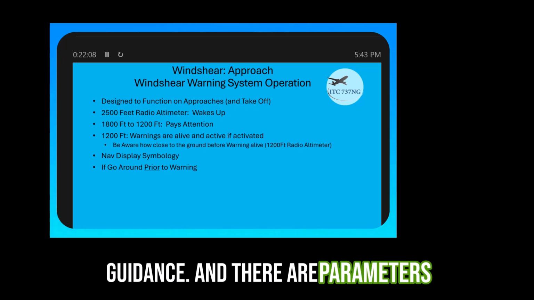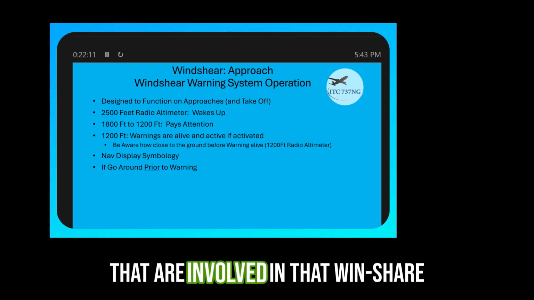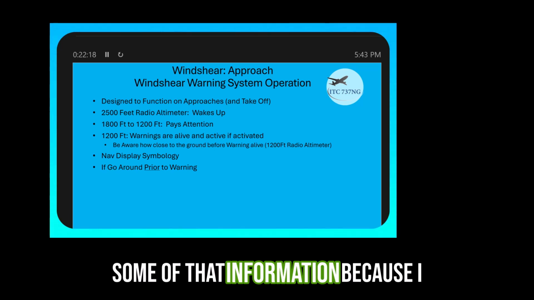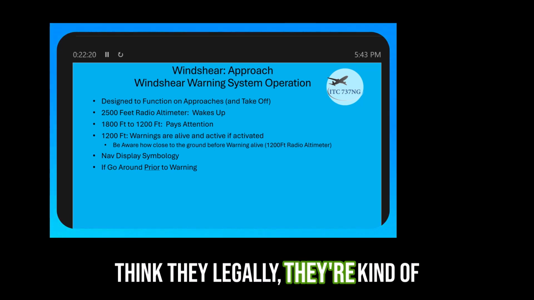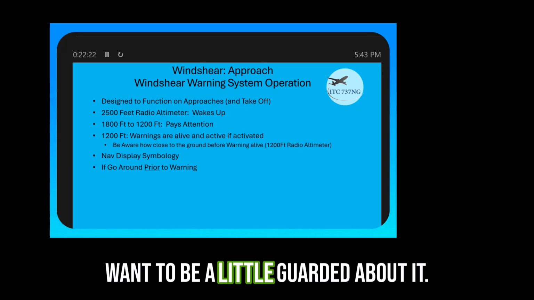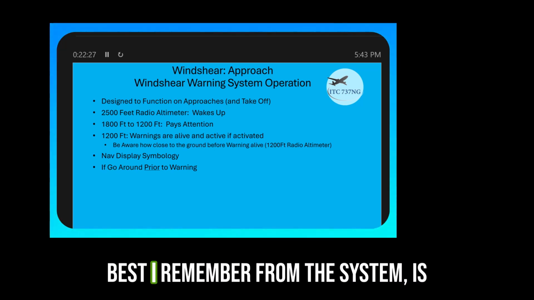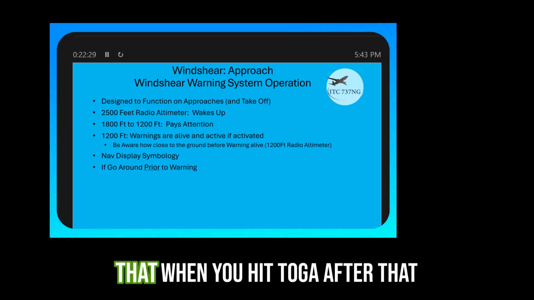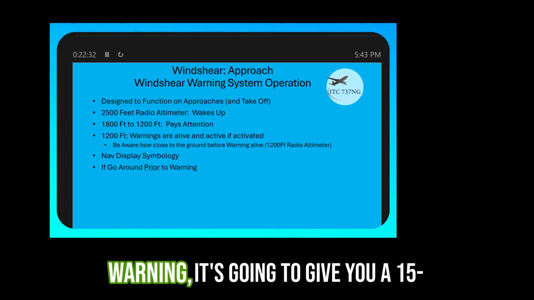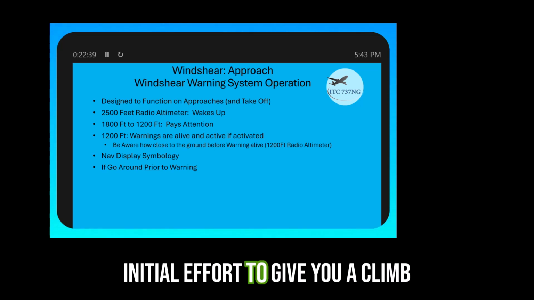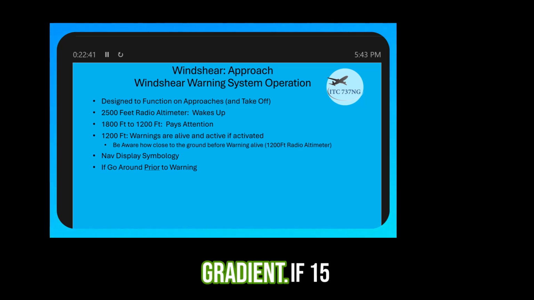And there are parameters that are involved in that Windshear guidance. It's always hard to find some of that information because I think legally they want to be a little guarded about it. But I can tell you that initially, the best I remember from the system is that when you hit toga after that warning, it's going to give you a 15-degree pitch guidance to give you an initial climb gradient.